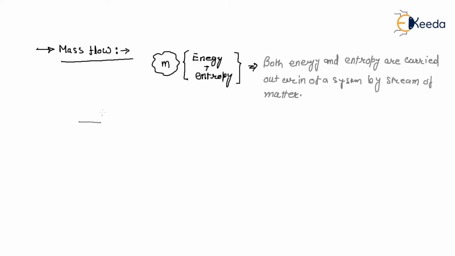So if we take an open system, this is your open system, and this is the boundary of the open system. This is your control volume. Let's suppose there is a chunk of mass, this is your mass m, which flows into the control volume.